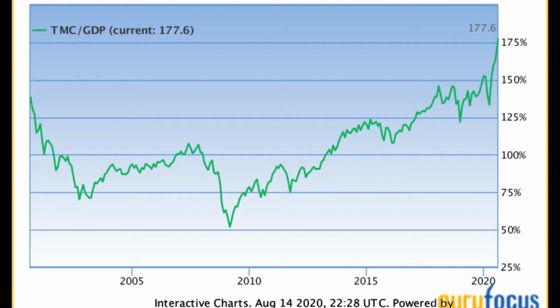And at that point in time, it was 146% and change. So just in that short period of time, it's gone from 146 to 177. You can also see on this chart that the low reading in the middle of the chart there was at the 2008-2009 stock market crash as a result of the financial crisis, where the reading was a little over 50%, just to give you some context.